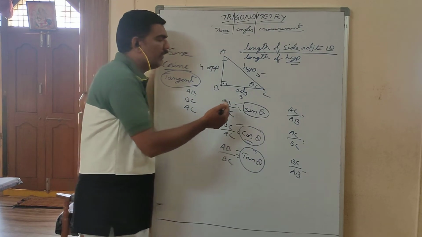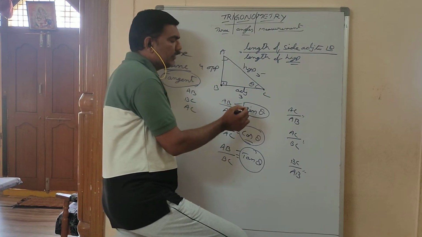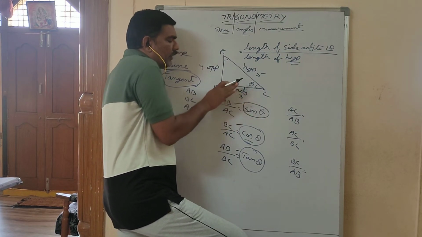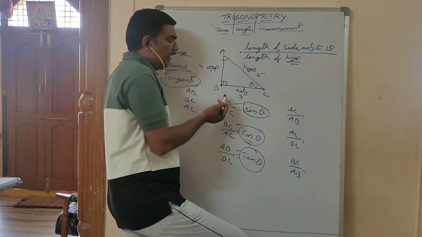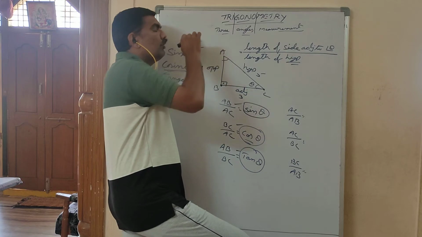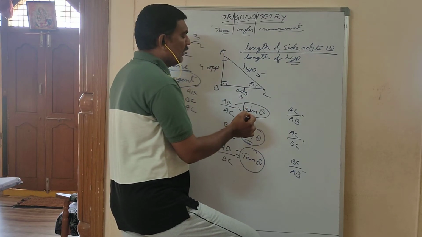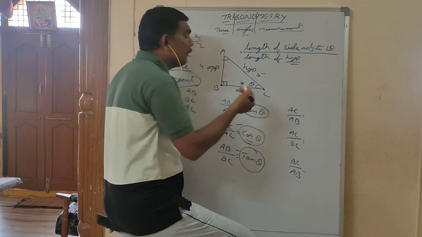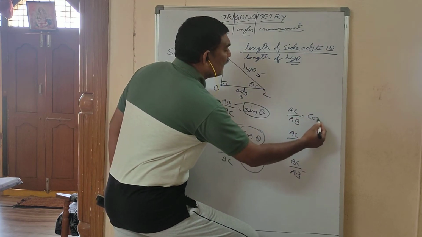Now this is sine. Using sine, take its reciprocal. AB by AC is there. What did I do? The denominator I wrote as numerator, and the numerator I wrote as denominator: AC by AB. Like that, sine theta's reciprocal is cosecant theta.